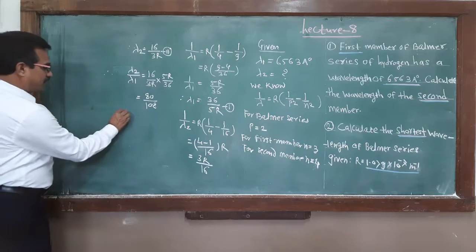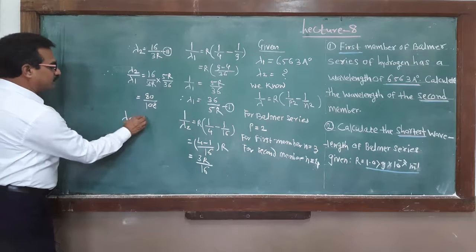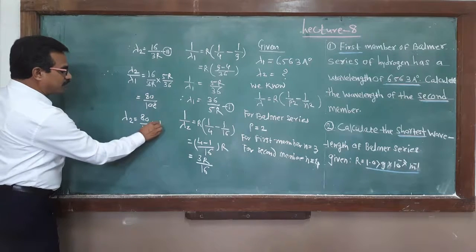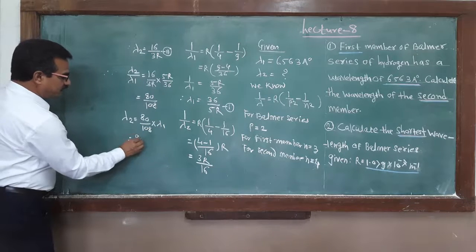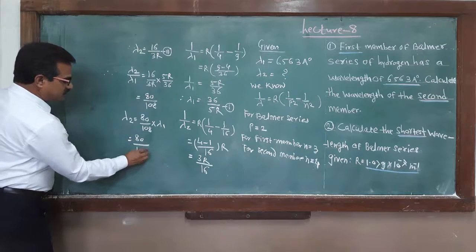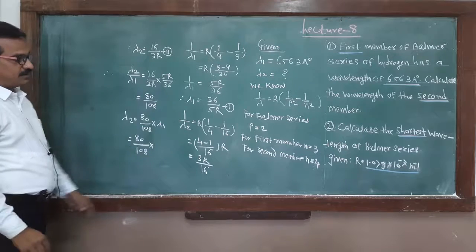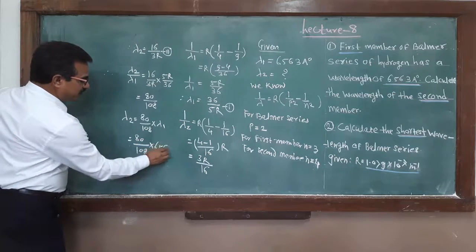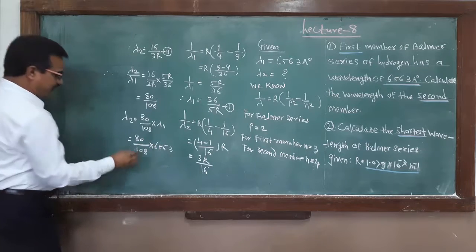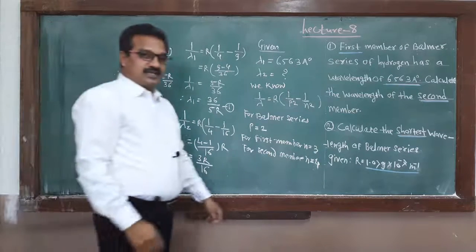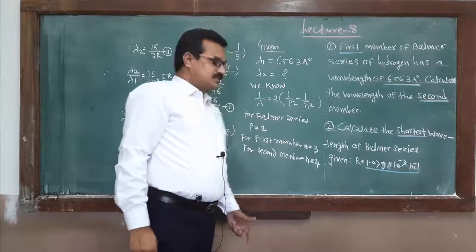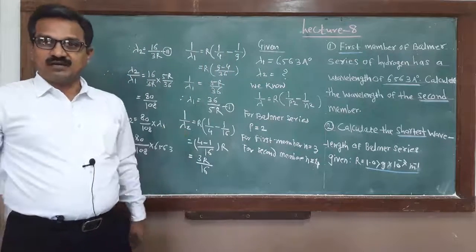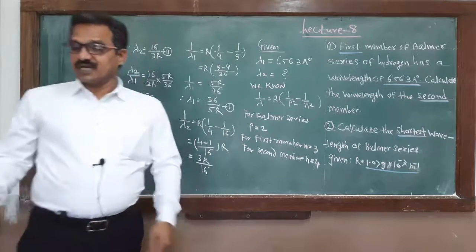How will you find out lambda 2? Lambda 2 must be equal to 80 divided by 108 multiplied by lambda 1. Lambda 1 is given, what is this value? 6563 angstrom. Again, you remember that such type of calculation can be found out by using the logarithmic table or by using the calculator.